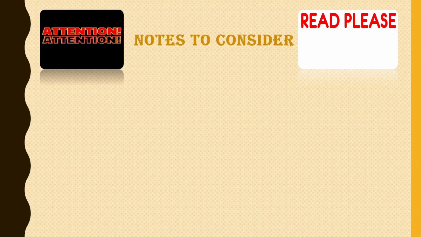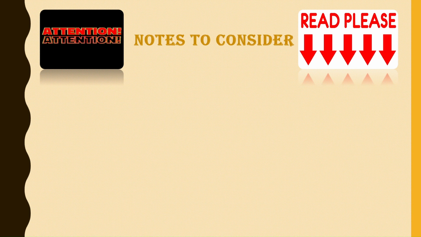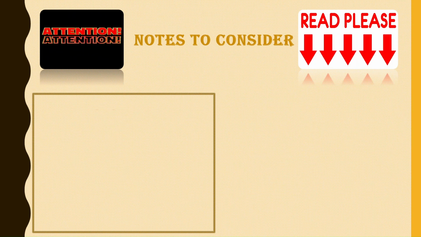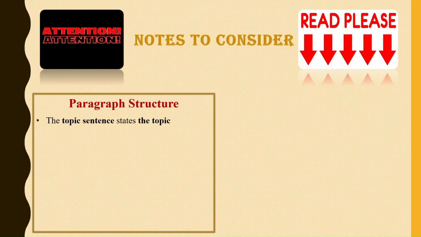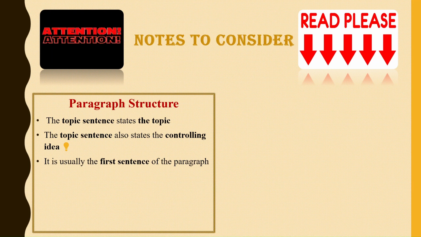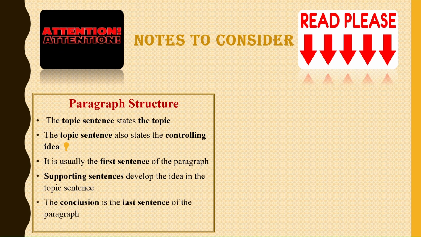Now let's take a closer look at how the structure of a paragraph compares to that of an essay. A key distinction to keep in mind throughout our journey. A paragraph begins with a topic sentence, which introduces both the topic and the controlling idea. This is usually the first sentence. The supporting sentences then expand on this idea, and the final sentence wraps it up.